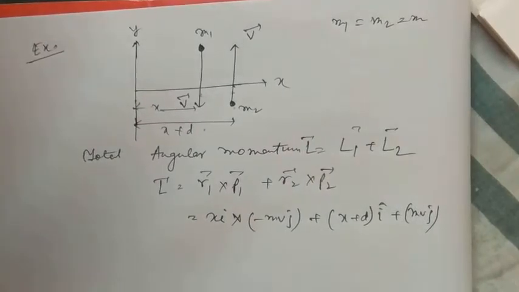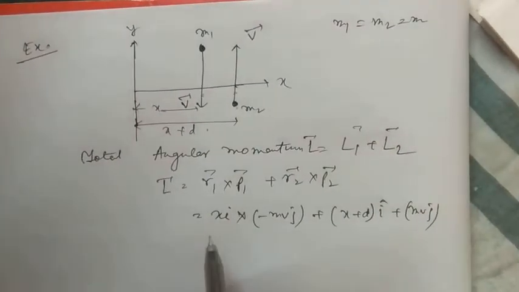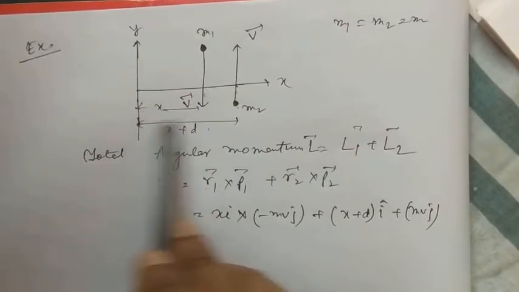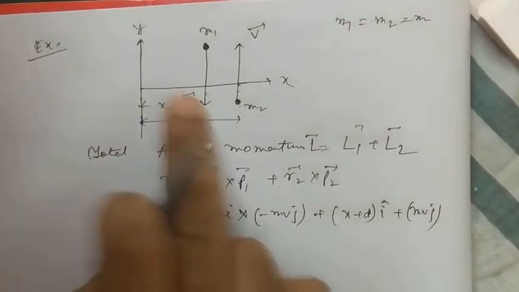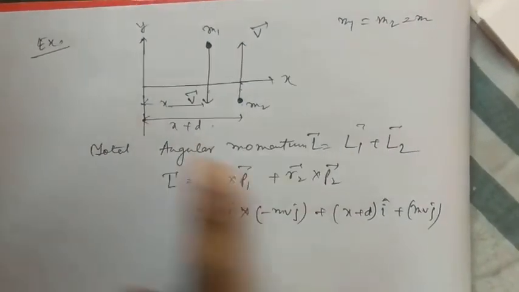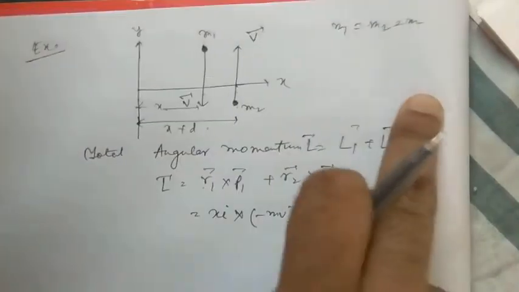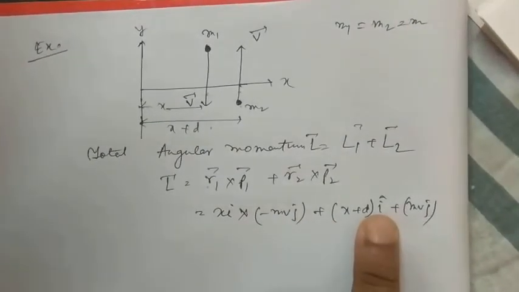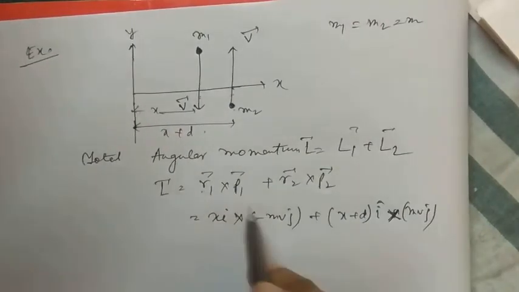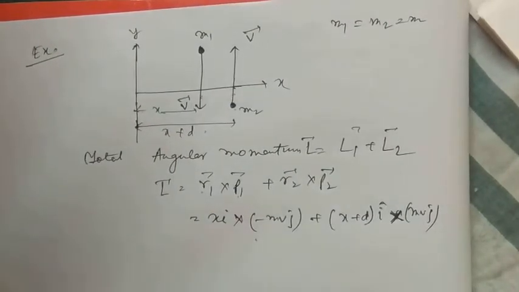Now how to explain this line? What was r1? r1 is the distance, that is x. x is directed along the x-axis, so x i. Similarly r2 is x plus d along the x-axis, so (x plus d) into i. This will be multiplied. Now what is p1? p1 is mv j.